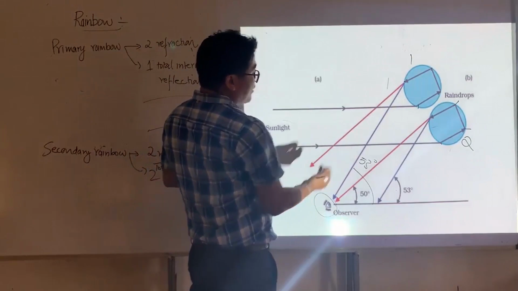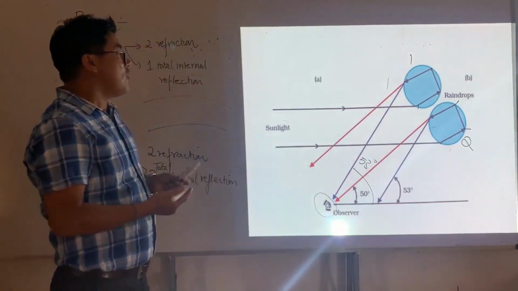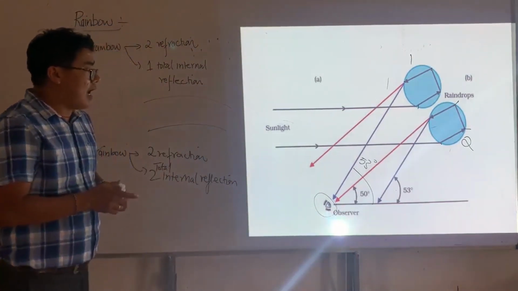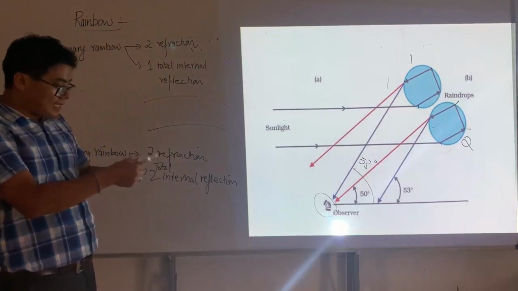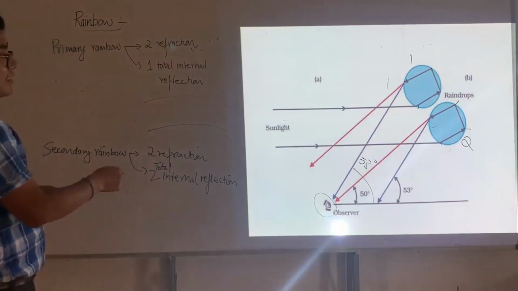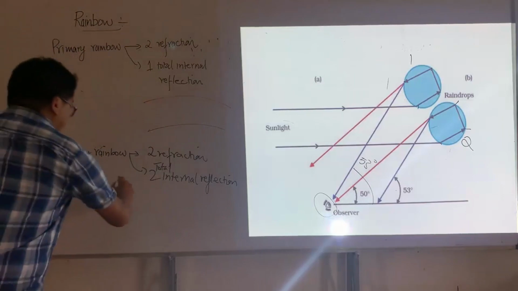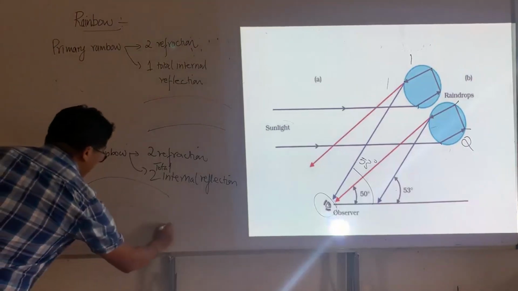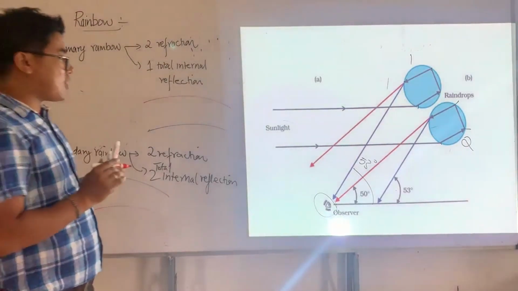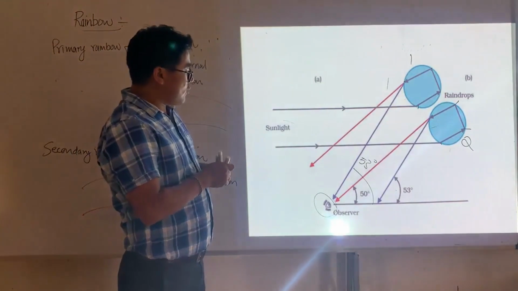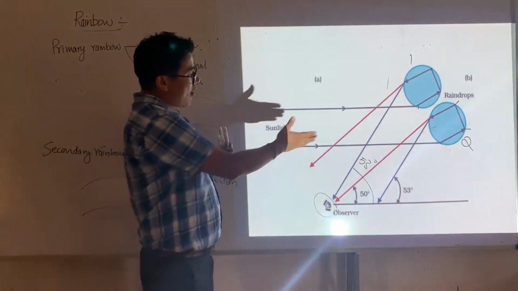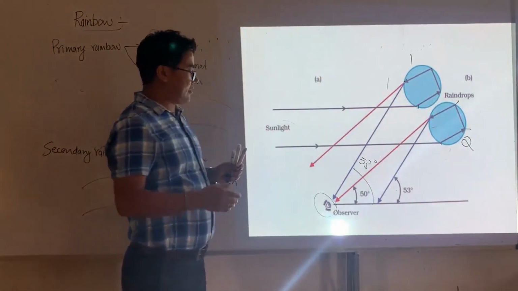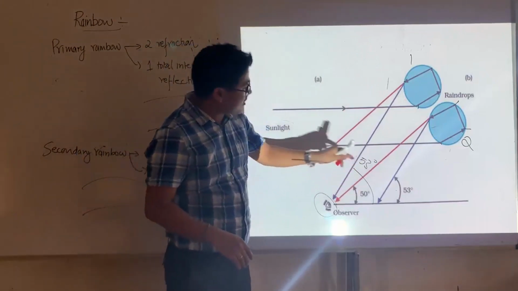All right, so therefore, in the case of a secondary rainbow, we find violet at the top and red at the bottom. One more piece of information: the secondary rainbow is at a little higher angle, from 50 to 53.